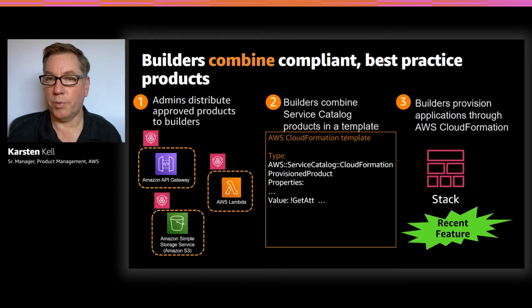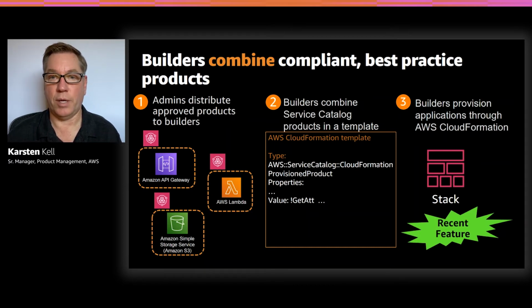What we've done is we've worked with the AWS CloudFormation team to create the ability to reference one product from another product from within a CloudFormation template. So you could create outputs from one of these products and reference those as inputs to another product. So for example, if you have a Lambda referenced here and you have an API gateway and the API gateway needs to know about that Lambda, whatever that API gateway needs to know, you can specify as outputs of that Lambda.